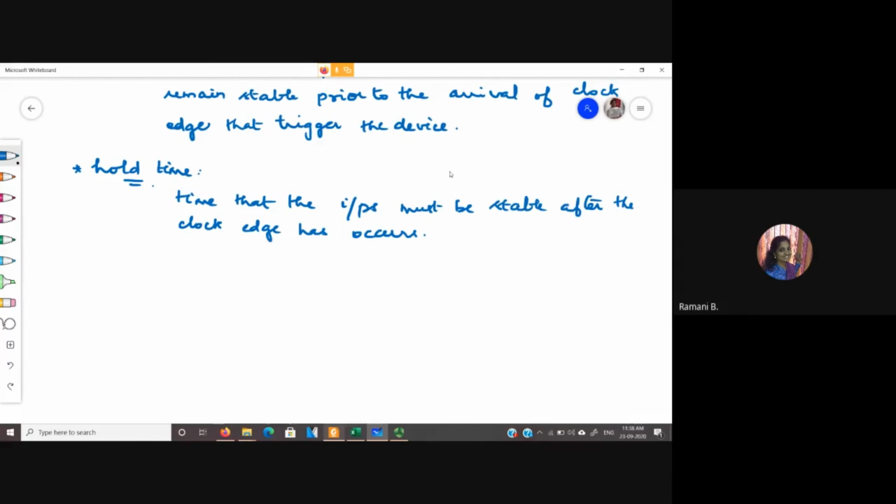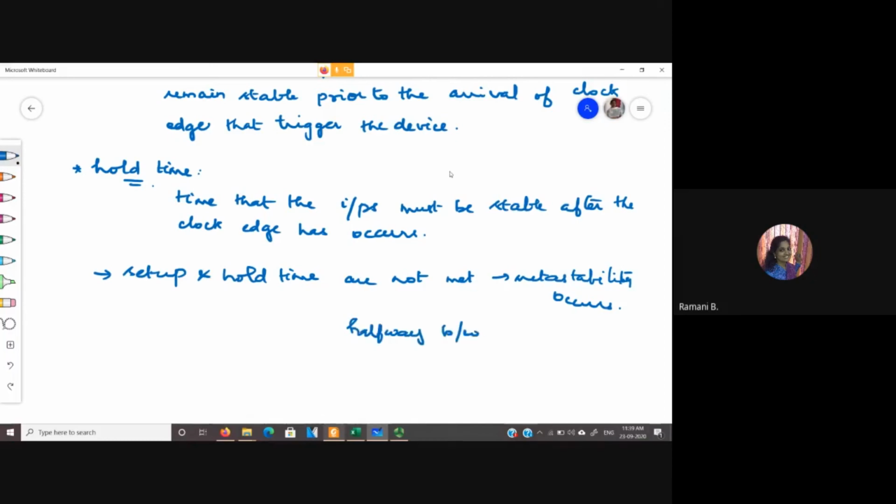If the time requirements with respect to the setup time and hold time are not met, metastability occurs. Usually we will be having the value to be 0 or 1. However, with metastability, the values will be halfway between 0 and 1.